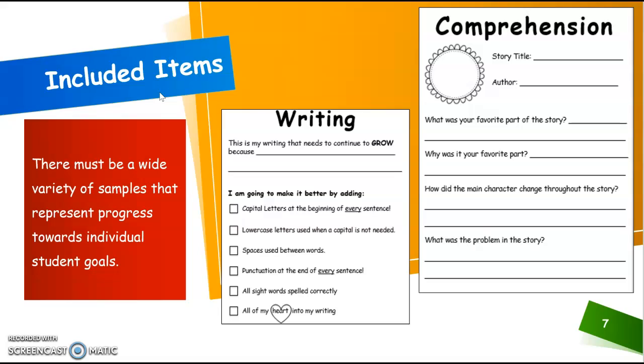It's important to have a wide range of student work in your portfolio, and it might not be possible to include a sample of every single skill or every single topic that was addressed in the school year. But as long as you are showing a variety of work that represents their growth toward their specific goals, then you are fulfilling the purpose of your student portfolio.